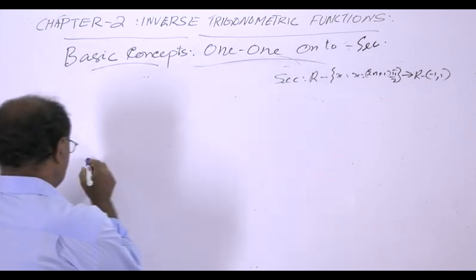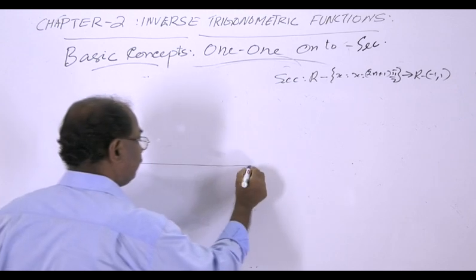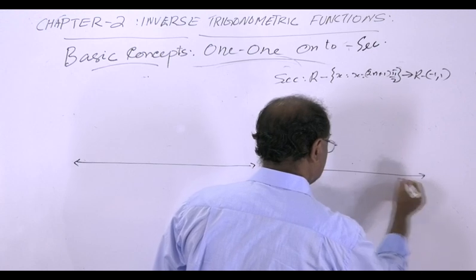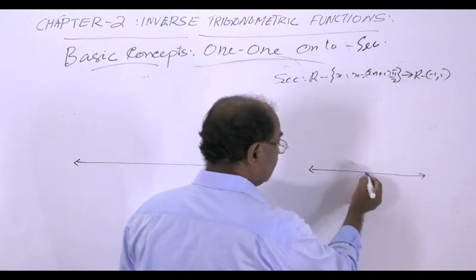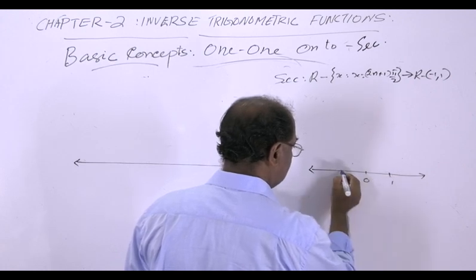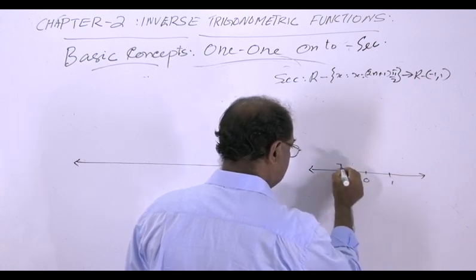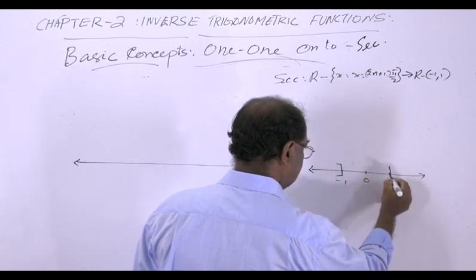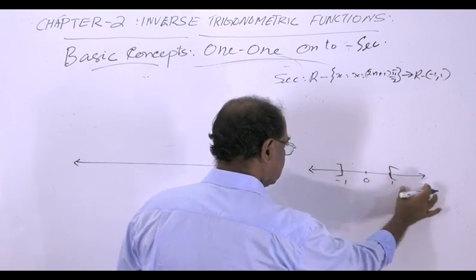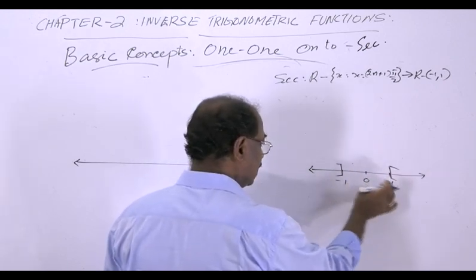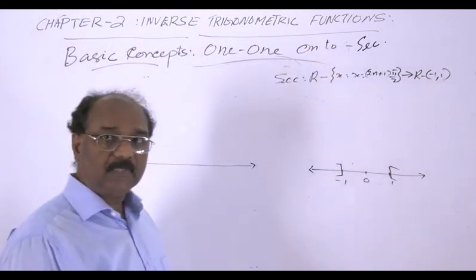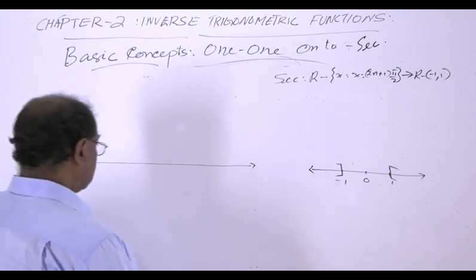We draw two number lines, one for the domain and the other for the range. In the range, this point is 0, here we have 1 and here minus 1, and these portions together constitute the range. The open interval between minus 1 and 1 is excluded.